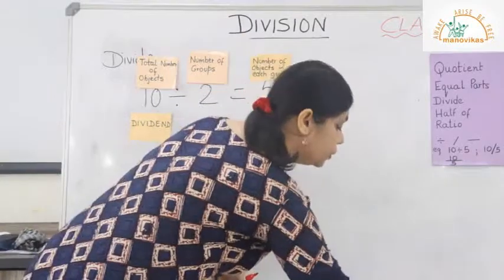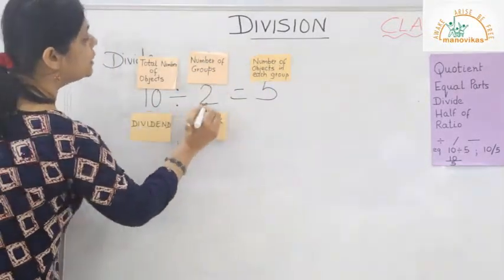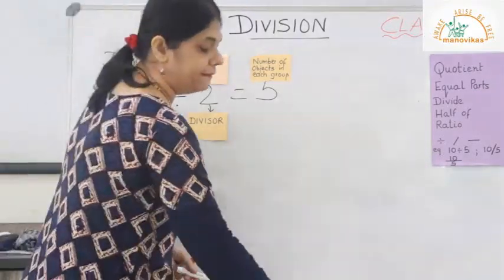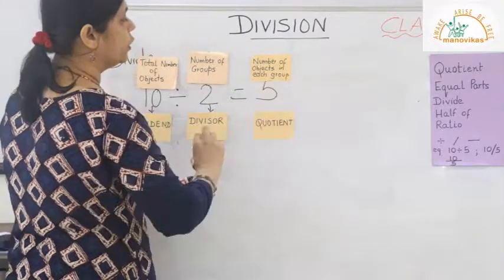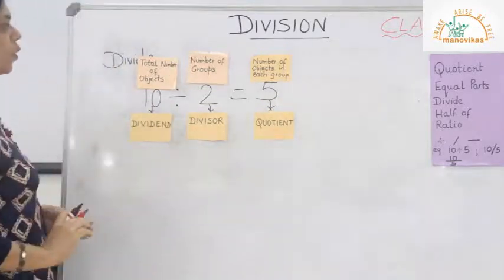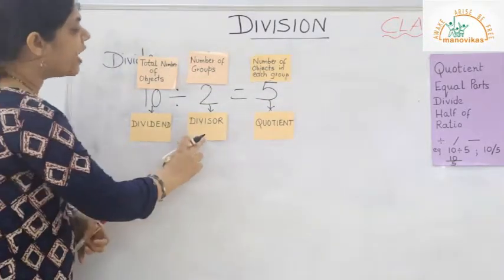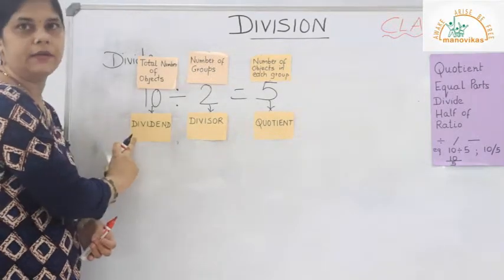The number 2 is also called the divisor. And the answer that we get is called the quotient. What is it called? The answer that we get is called the quotient. Now children, you have to remember that the divisor always has to be smaller than the dividend.